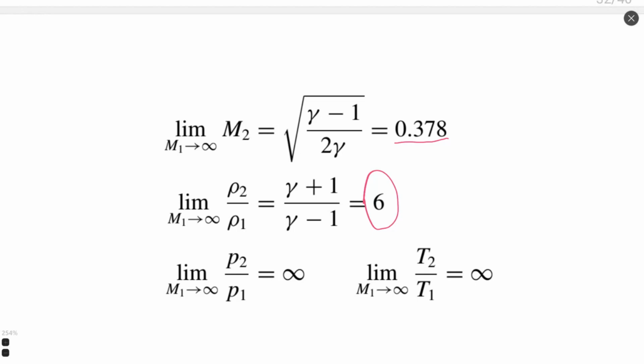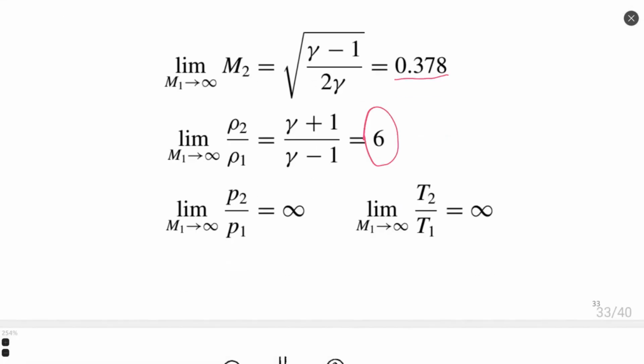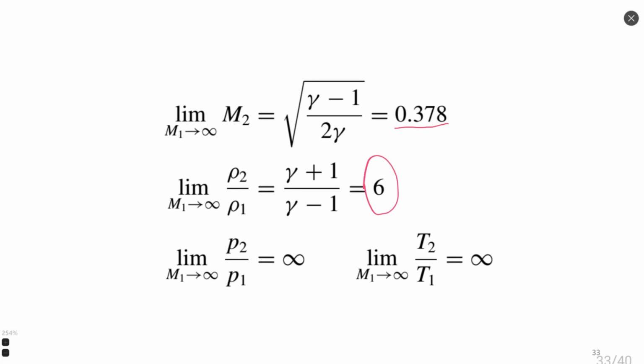You cannot increase more. And if we analyze the functions for pressure and temperature ratio, we see that increasing Mach number to an infinite value, we can have an infinite rise of pressure and an infinite rise of temperature, theoretically, of course. Not in a real case, because of 2 reasons. First, Mach can never reach an infinite value because of physics laws.